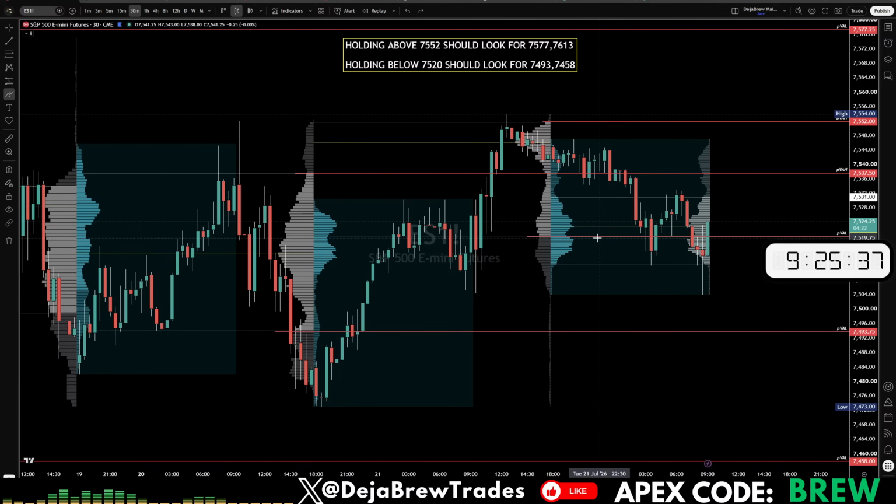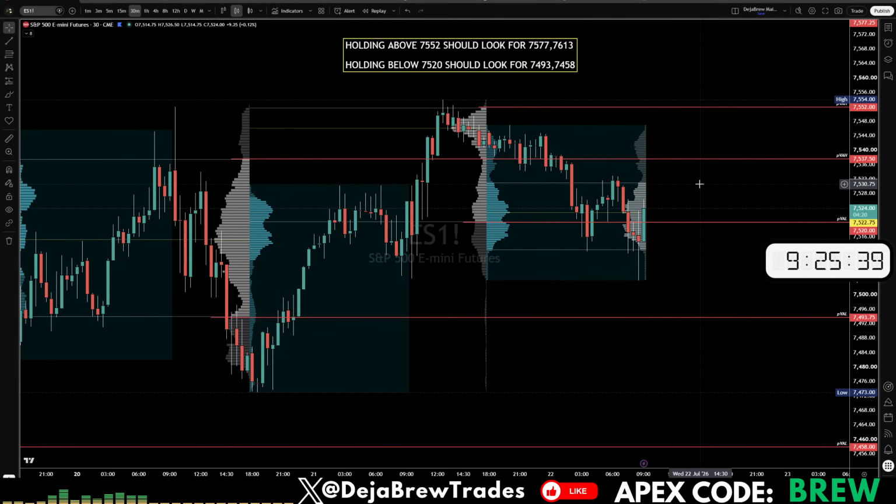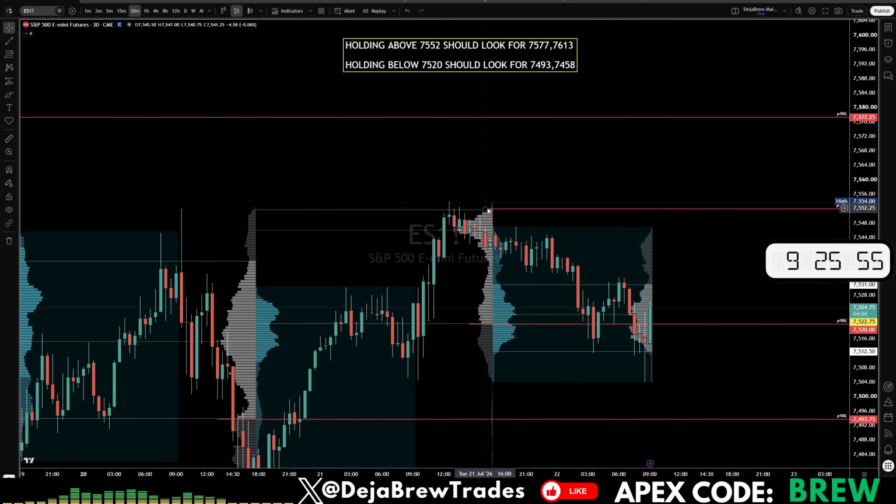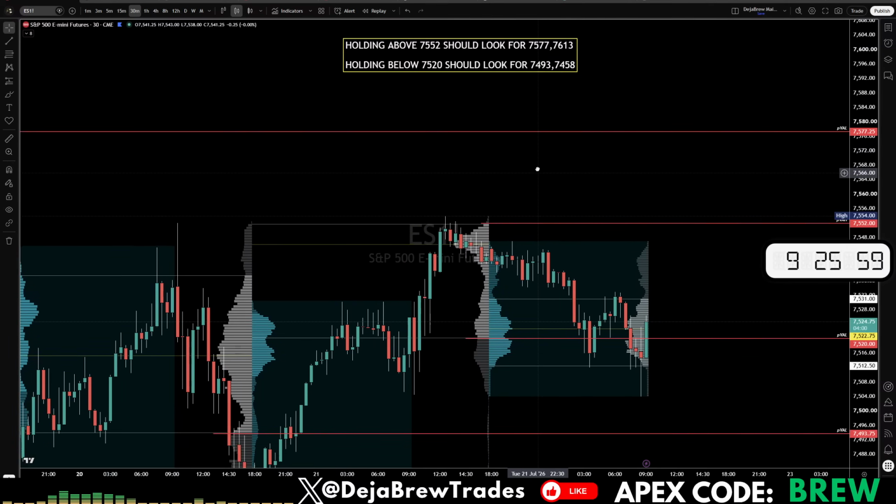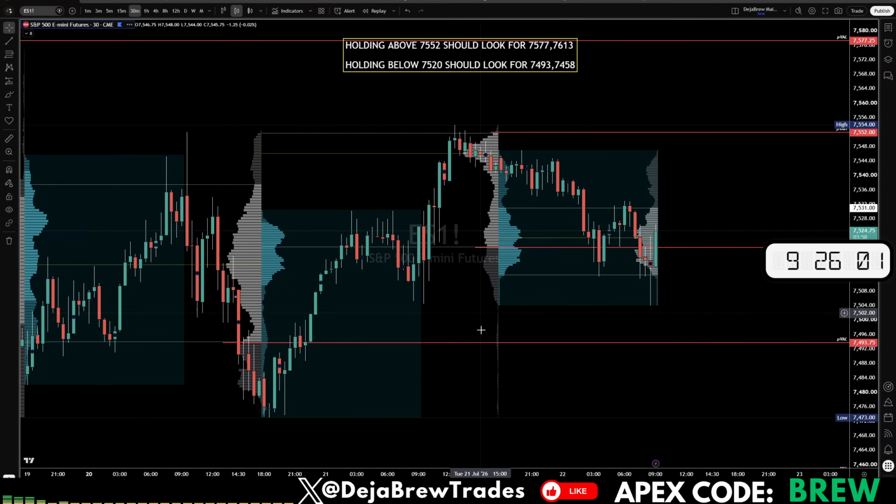So for today, basically what we're looking for is, can it stay below that value low at 520? If it does, then we are looking for that lower tail. If it stays above it, you can look for that rotation back into 552, and then if it stays above that 52 level, which is the value high of the P shape, then you can see that tail extension.